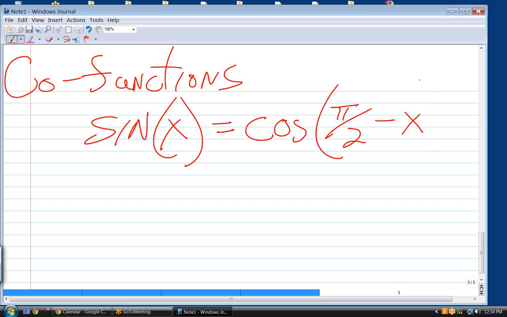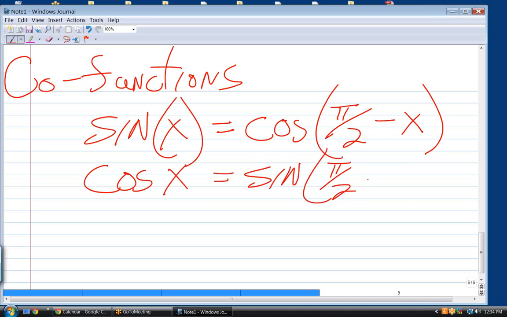This is it. Likewise, the cosine of x equals the sine of pi over 2 minus x. Notice that the sine of 30 degrees is the same as the cosine of 90 minus 30, or 60. So it's not accidental that the cosine of 60 was the same as the sine of 30.